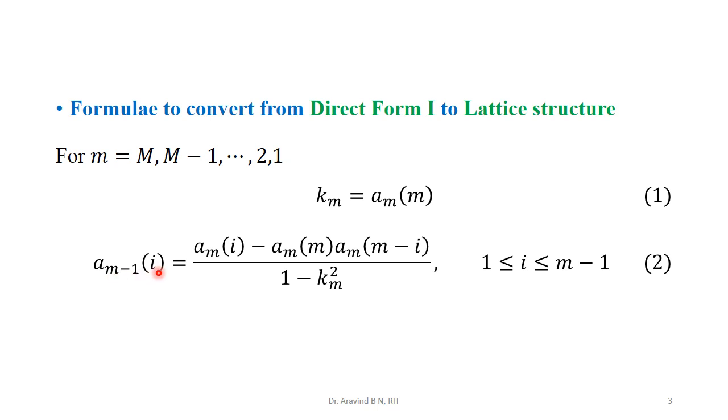Then am minus 1 of I is equal to am of I minus am of m minus I divided by 1 minus km square, for all I ranging from 1 to m minus 1. So these two formulae are used to convert direct form 1 to the lattice structure.